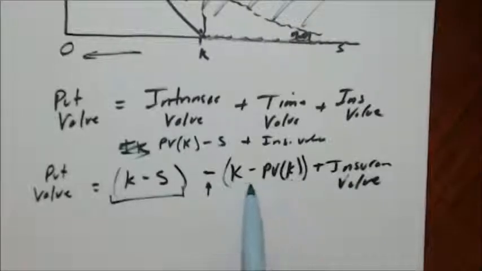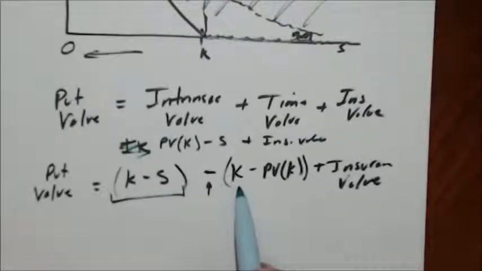So you have a time value component, just like you do with call options. It's really the time value of money between K and the present value of K. Now, it's negative here, which is different than a call, because a put represents the ability to exercise an option later on, to sell this stock later on.